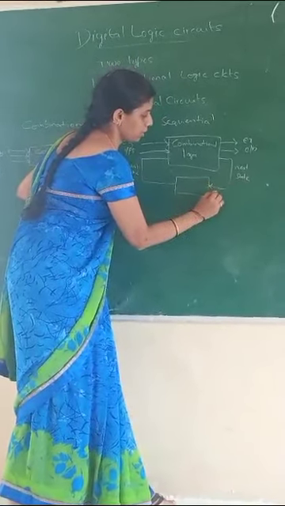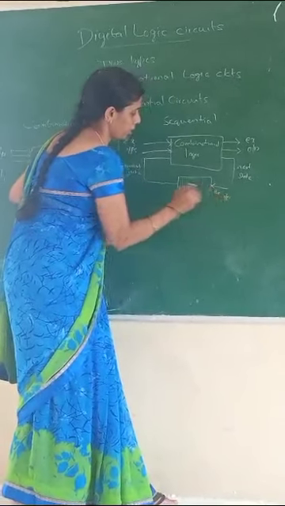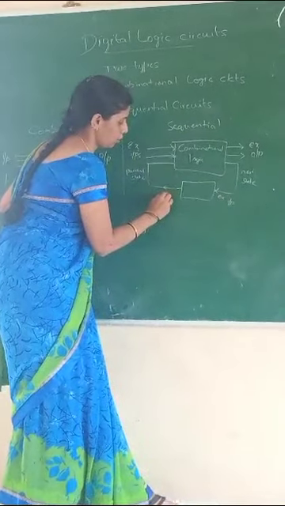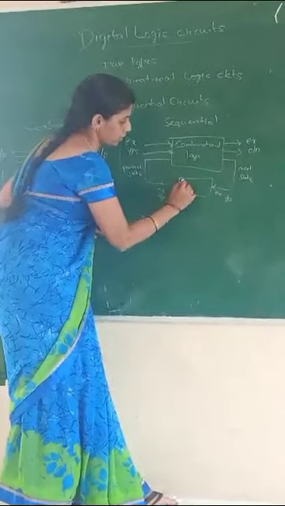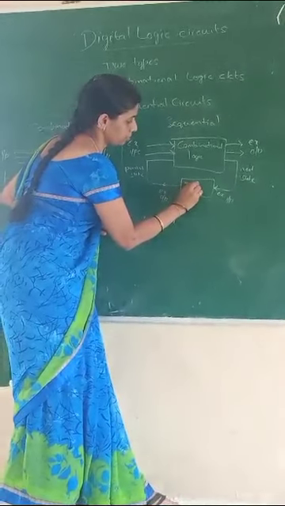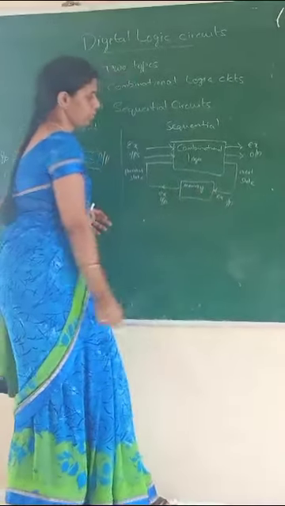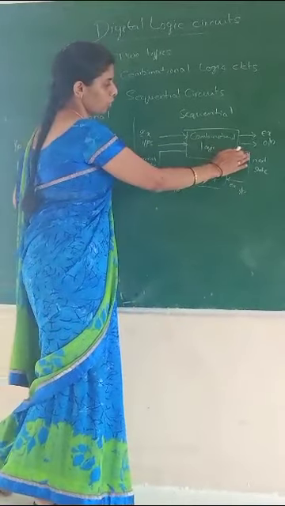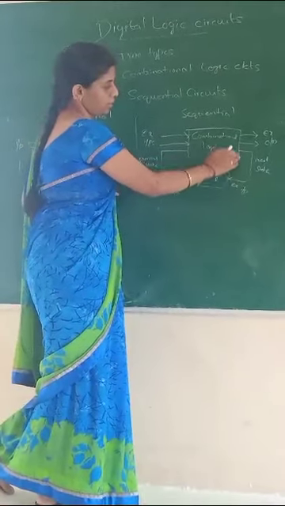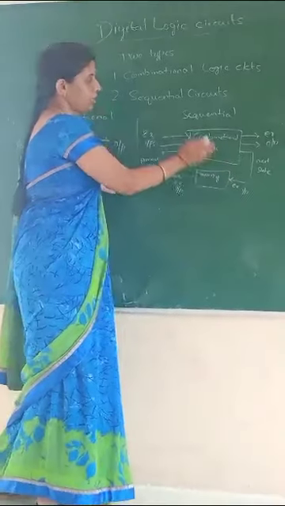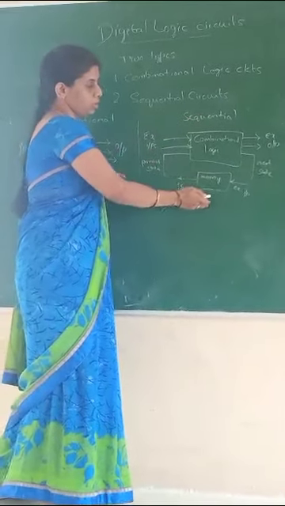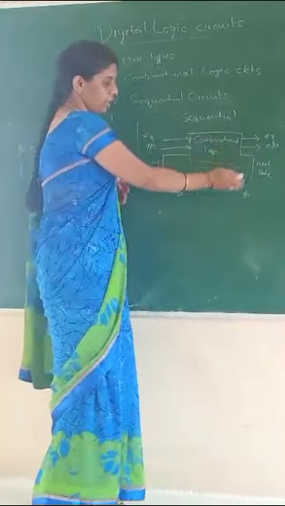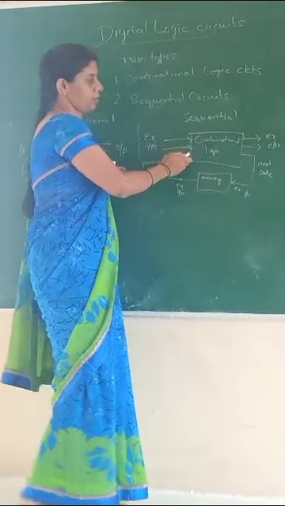These are external inputs and these are external outputs, and this is the memory. Here we use a memory element to store the input, and in sequential circuits we use the previous state input to get the next state.